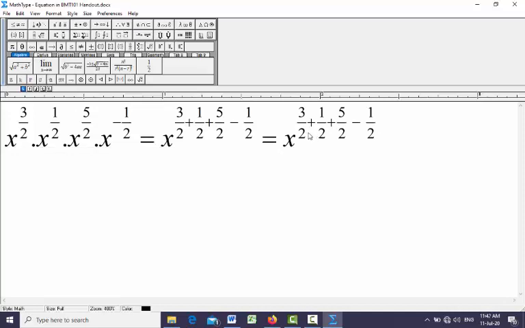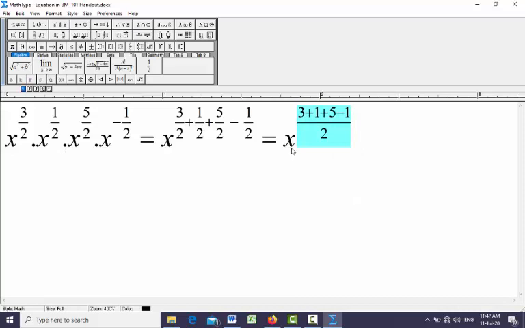Right. So here, as you can see, the fractions we have in the power all have the same denominator, 2. So that means the LCM will be same. So we will have 3 plus 1 plus 5 minus 1. Correct.